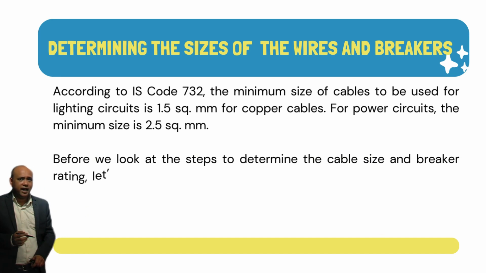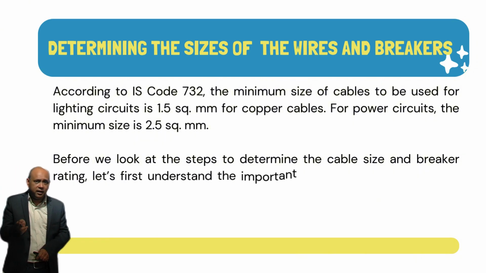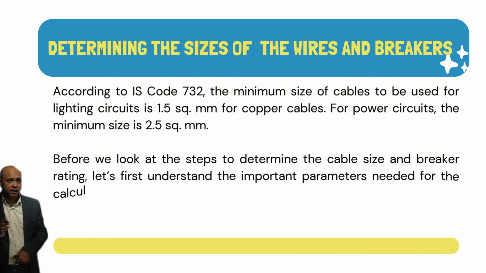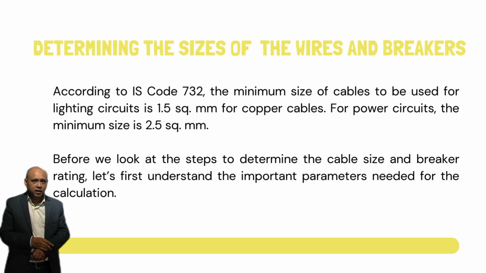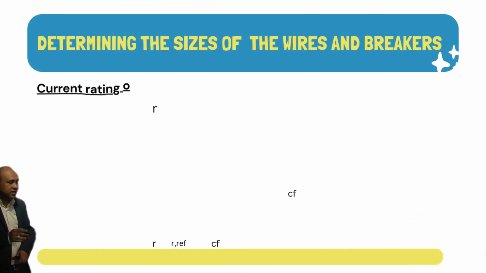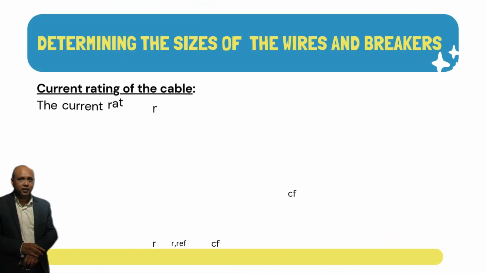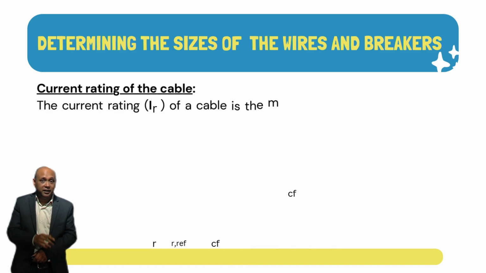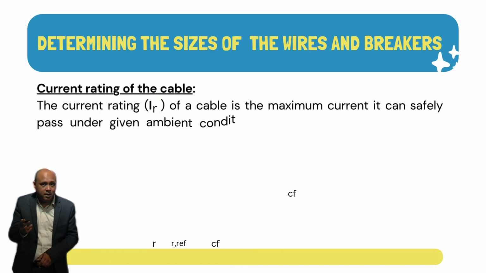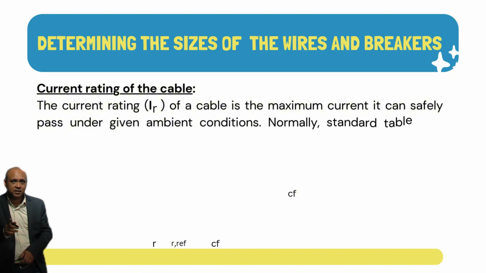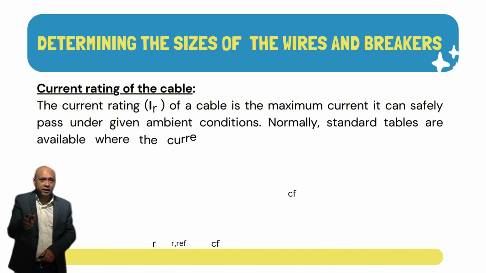Before we look at the steps to determine the cable size and breaker ratings, let's first understand the important parameters needed for the calculation. The first parameter is the current rating of the cable. The current rating of a cable is the maximum current it can safely pass under any given ambient condition.